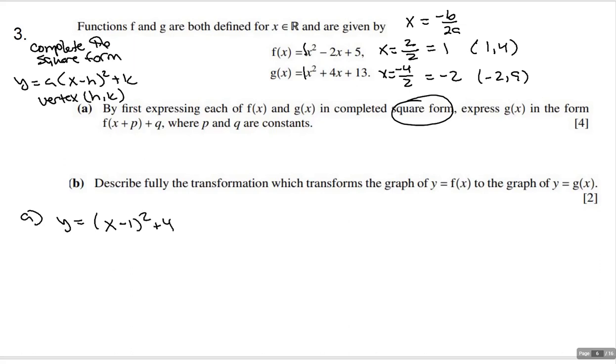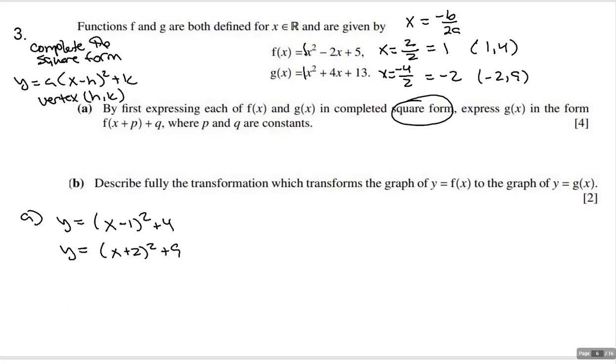Keep in mind, when it's in vertex form, this middle number is going to be the opposite of your x part of your vertex. And then if I do the other one, y equals x, and then this is going to be plus 2, because it's going to be minus, and then a -2 is going to be plus 2, and then plus 9.